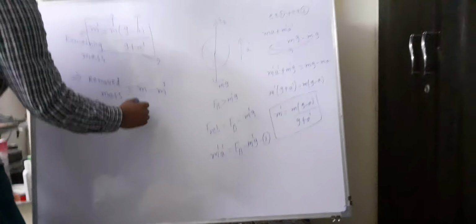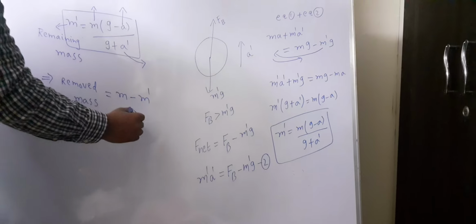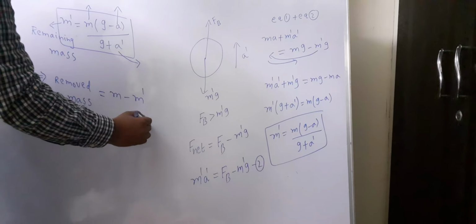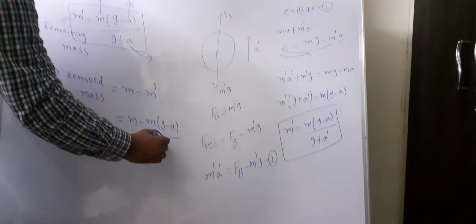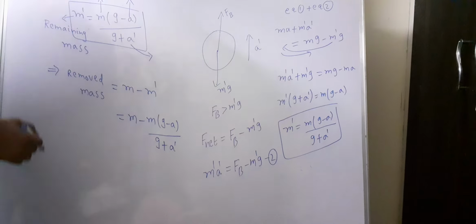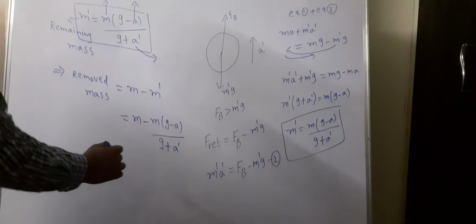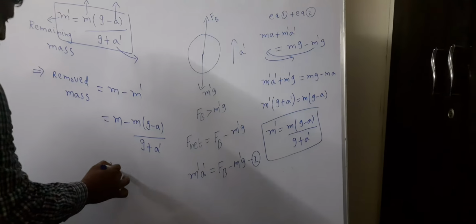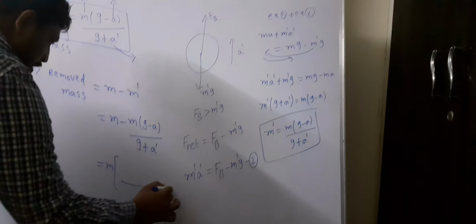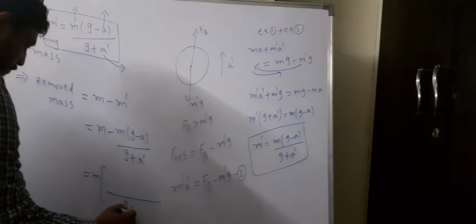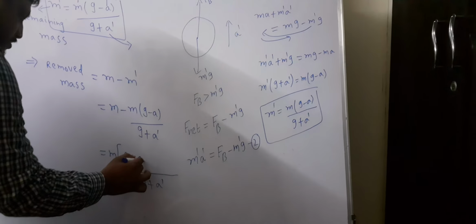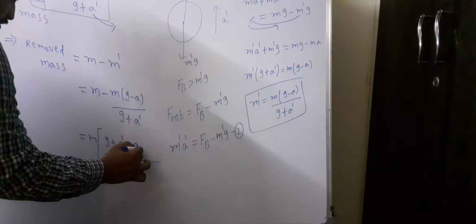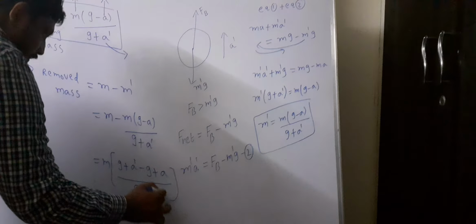Here I substitute m minus m dash. What is the m dash formula? m into g minus a, divided by g plus a dash. Okay? Here m is common on the right side. Here the LCM is g plus a dash. Here write g plus a dash minus g plus a.